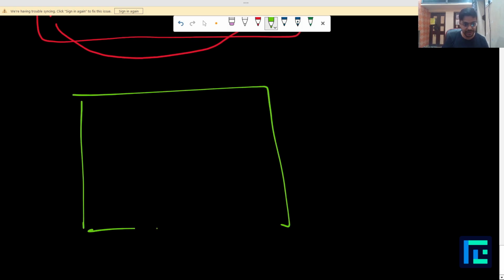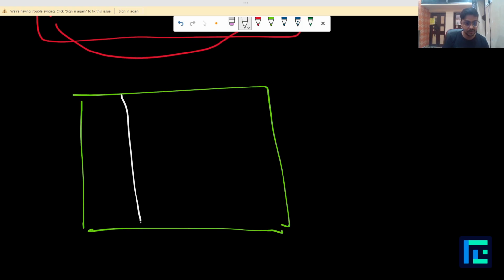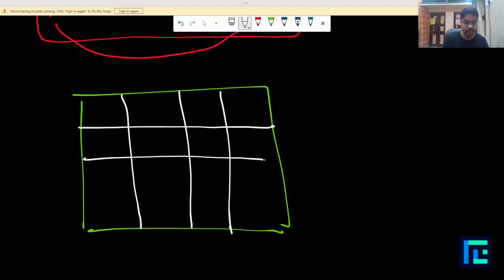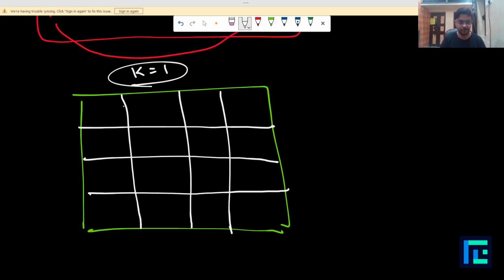Let's suppose this was the grid, and I performed all the minimum number of operations, and now the pattern is such that if I rotate the grid by 180 degrees, there will not be any change in the pattern of the grid. Okay. Now I am left out with, let's suppose, only one operation. That is an odd number of operations.